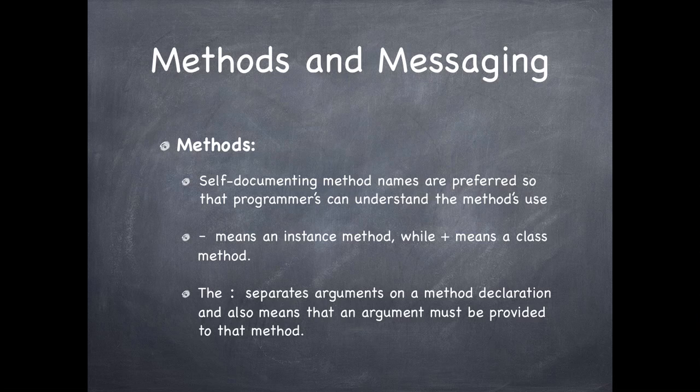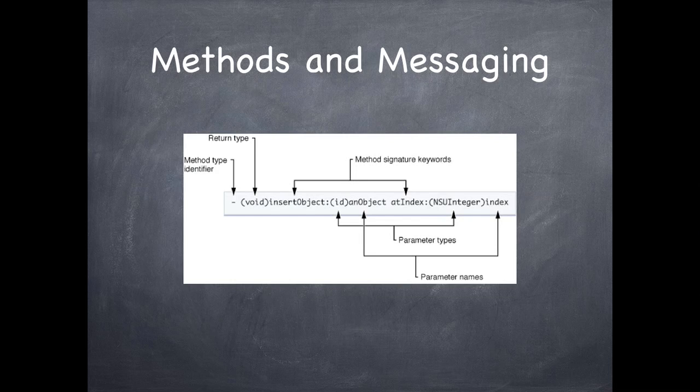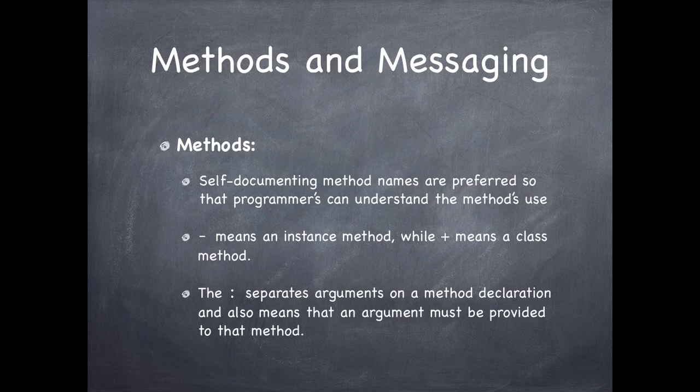Also, as I mentioned in the previous slide, method type identifier, in the second point, minus means an instance method. So when you define a class already and then you declare a method starting with a minus, it means you can only apply that method to an instance of that object. That's what it means.